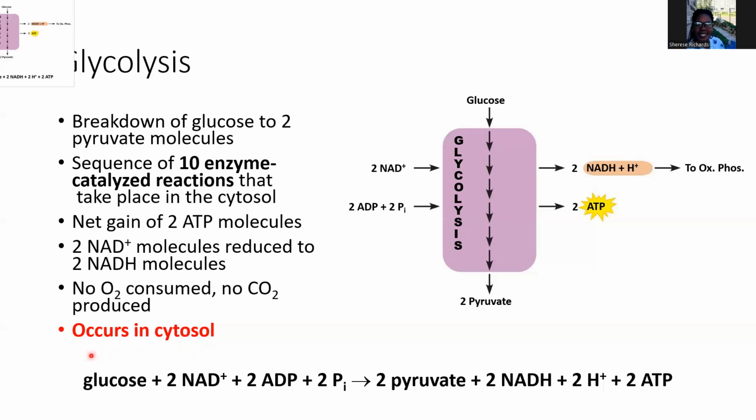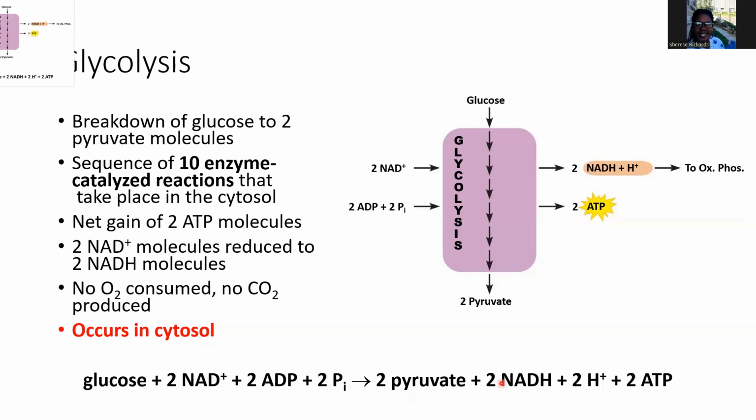If we were to focus a little bit more on the equation, so the overall big picture of what's happening with glycolysis, we input 1 molecule of glucose, we input 2 NAD+, which is carrying 2 electrons with it. We input 2 ADP, and we grab 2 phosphates from other molecules in the cytosol.